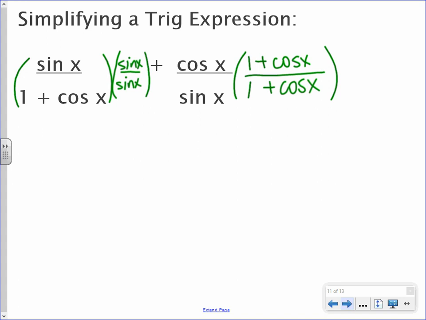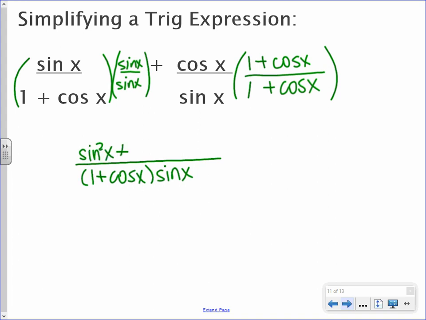So what does that do? We have a denominator of 1 plus cosine of x times sine of x. Our numerator here would be sine squared x, plus our numerator here would be cosine x plus cosine squared x.